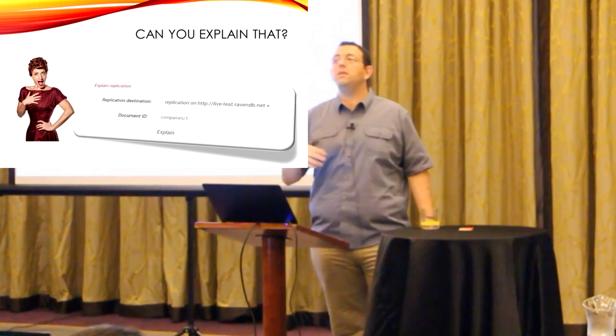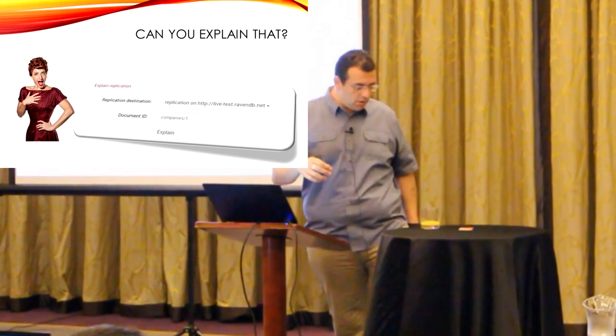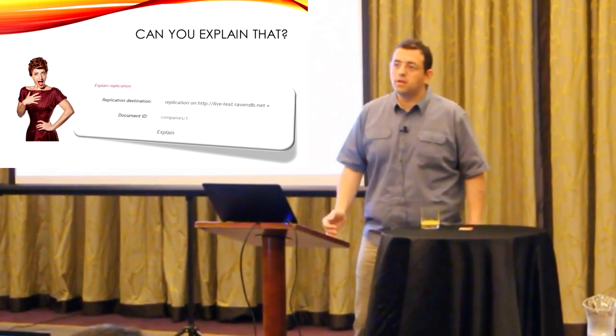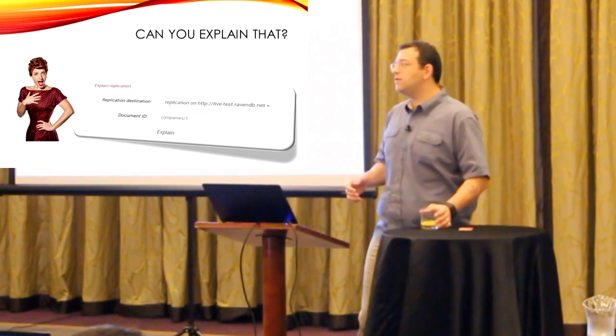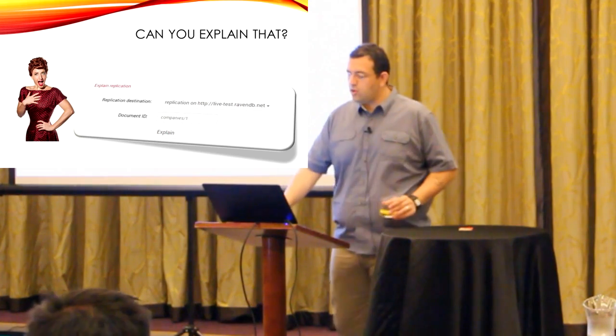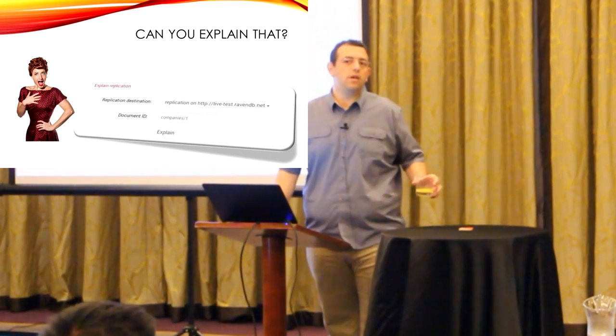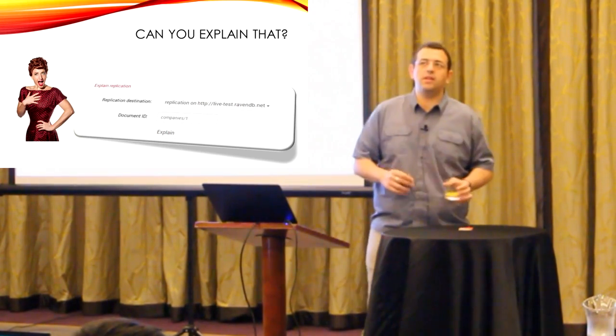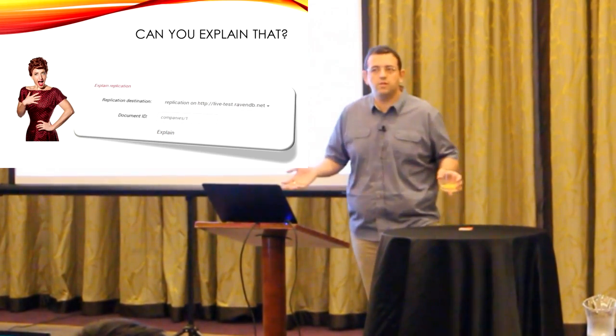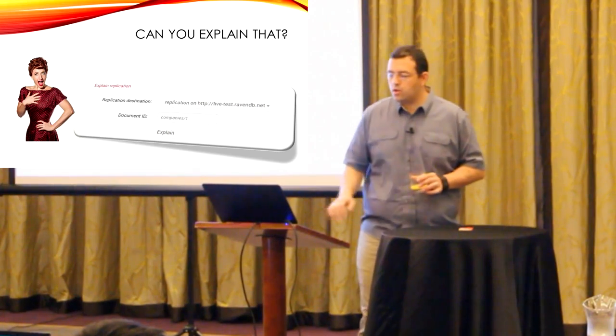Is this going to be replicated to this other node? And if not, tell me why not. In many cases, maybe you have the filter replication that filtered that for some reason. But the admin might not know about that, and he'd look at the data and say, I don't know why it's not replicating. So that gives you all of that information very easily.